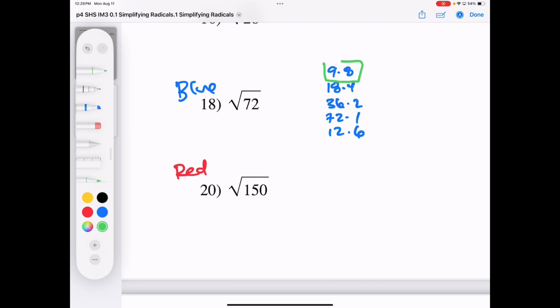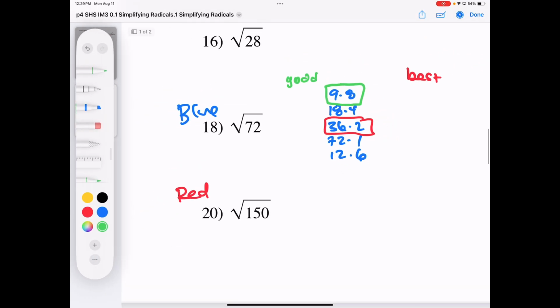This one is what? Good. Which one's the best? Oh, best. Let me do both of those for you. I know, you missed it. 9 times 8 is the same thing as 72, and then the 9 turns into what? Oh, that's why.